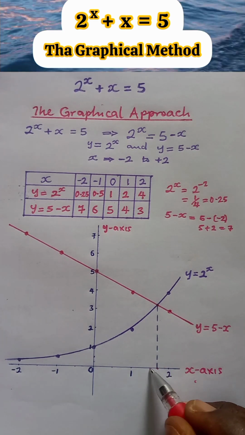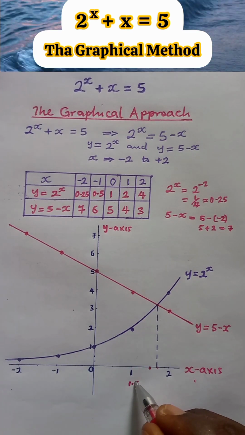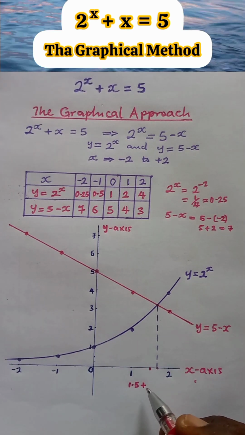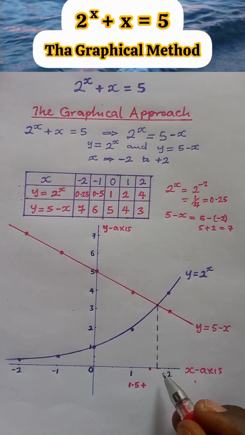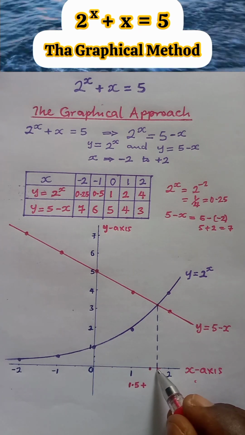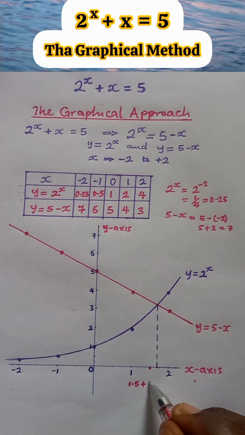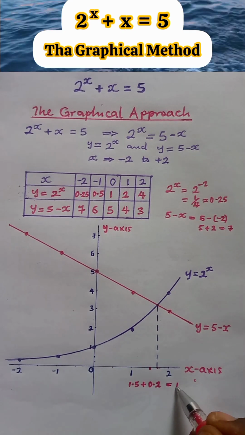Here is 1, the midpoint is 0.5, so from the origin to this point is 1.5. From this 1.5 to this midpoint here is 0.25, so the mark here can be judged to be 0.2 or maybe 0.22. So we have 1.5 plus 0.2 and some fraction.